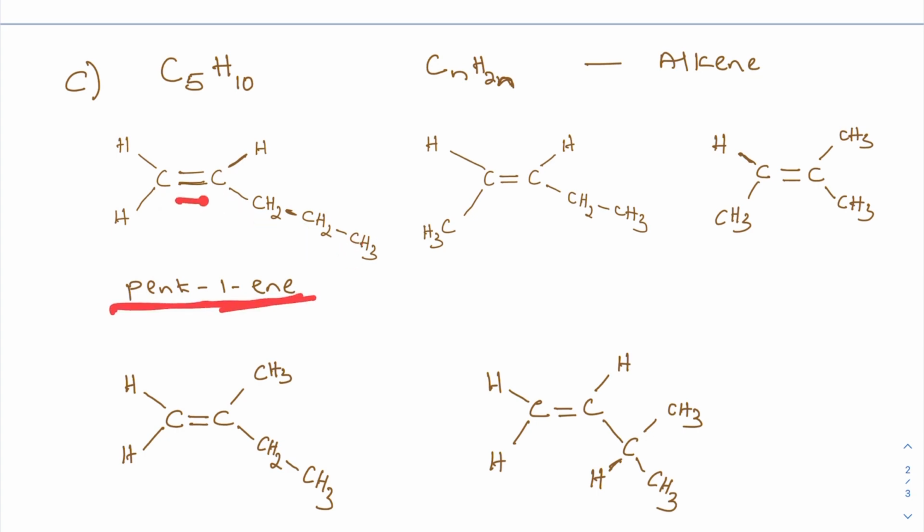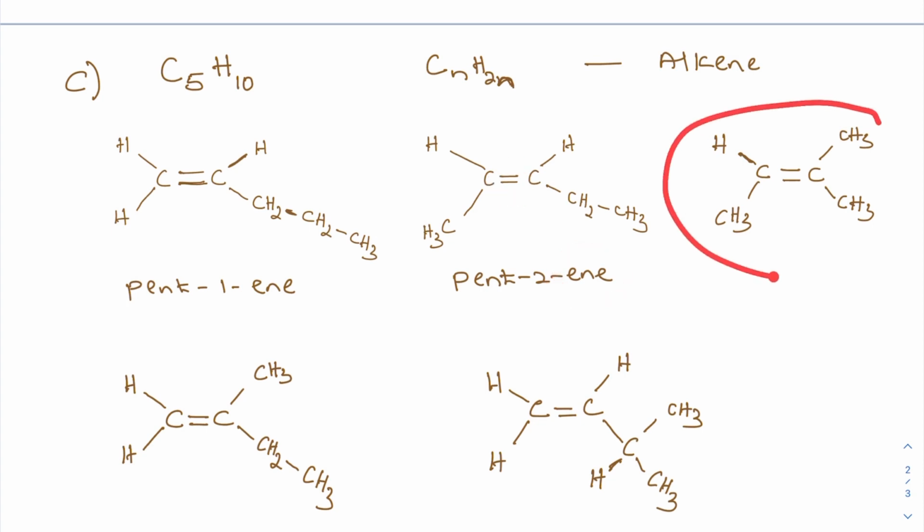Pentene, because it's got a double bond, and the double bond is on the first carbon. That's the first carbon. 1, 2, 3, 4, 5. The double bond is on the second carbon, so that would be pent-2-ene. The double bond starts on the second carbon. That's why it's 2 here. And ene just indicates a double bond. So we've got another structural formula.